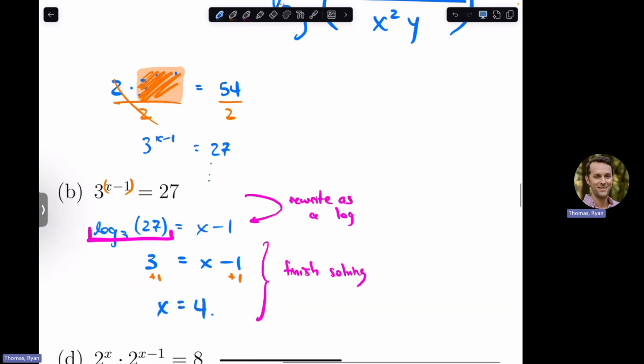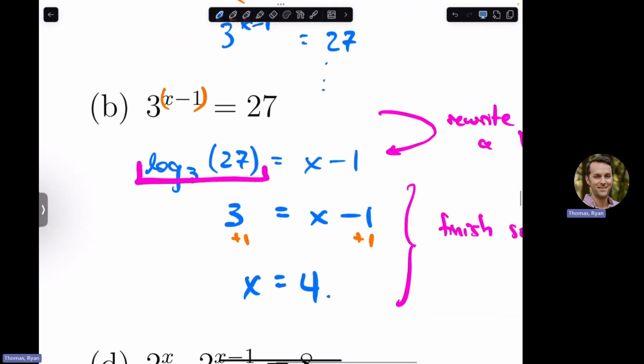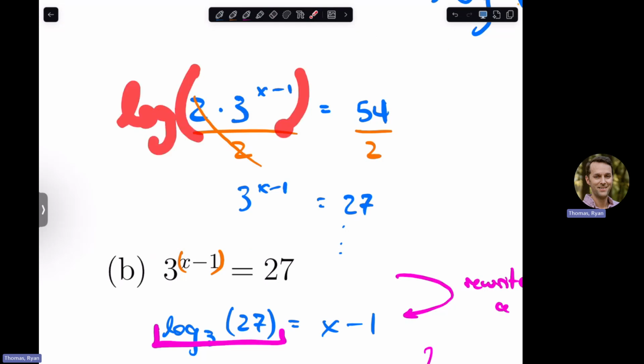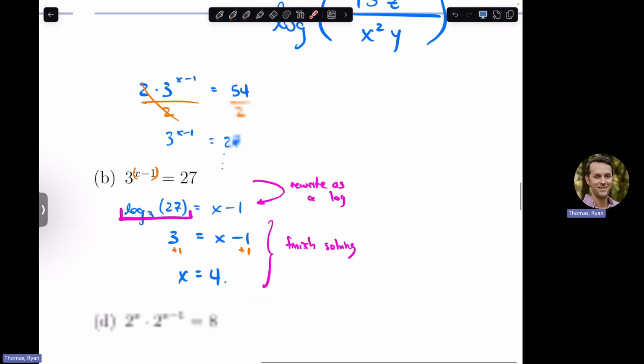Otherwise, in a sense, what we're doing when we do this is taking the log of both sides, kind of. If you take the log of both sides here, things are going to get kind of messy because you've got these 2 separate things going on. You can deal with it still, but it's going to make life a little bit more difficult.